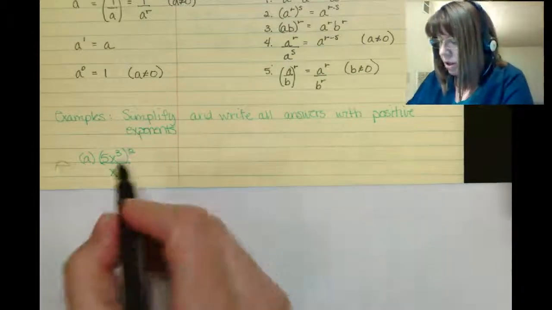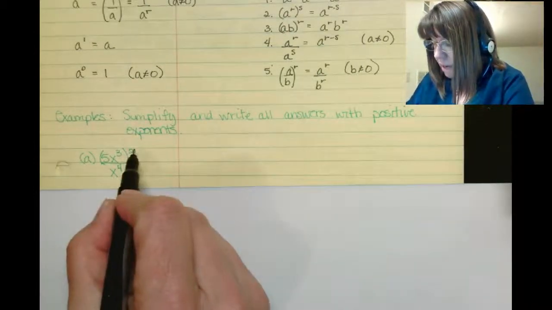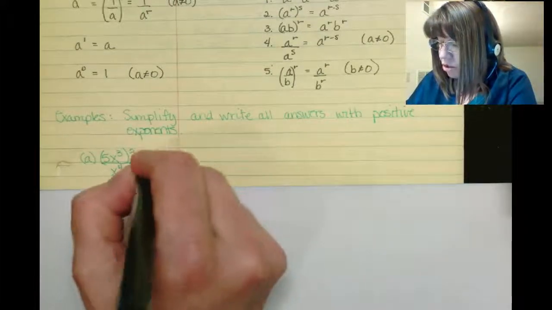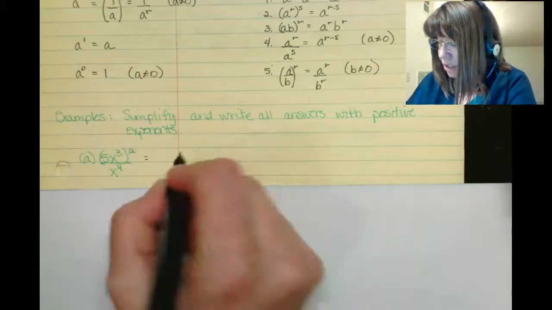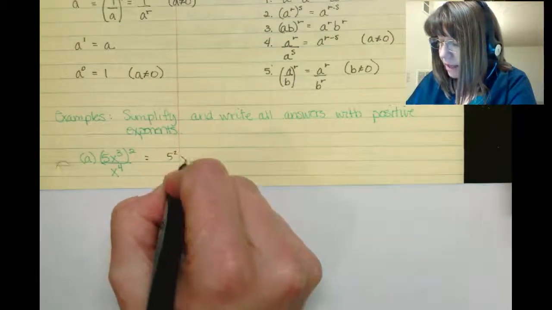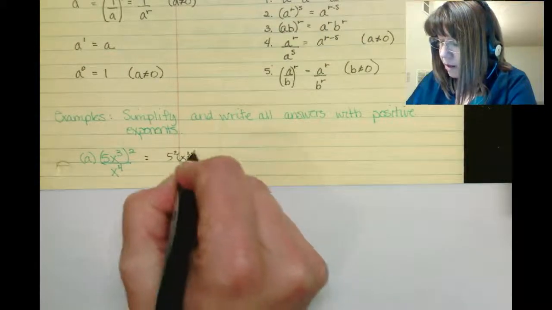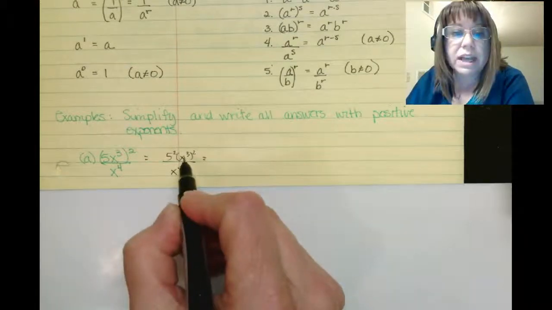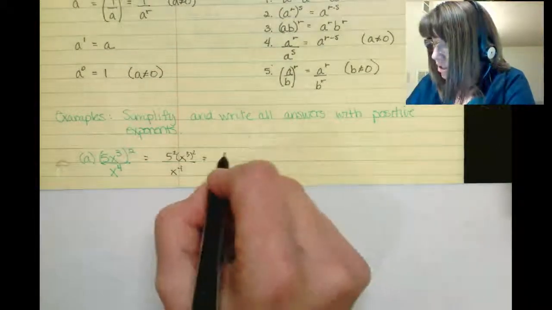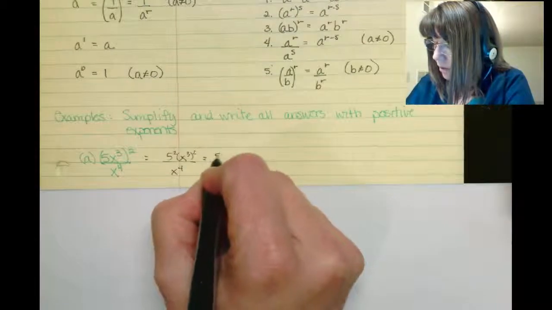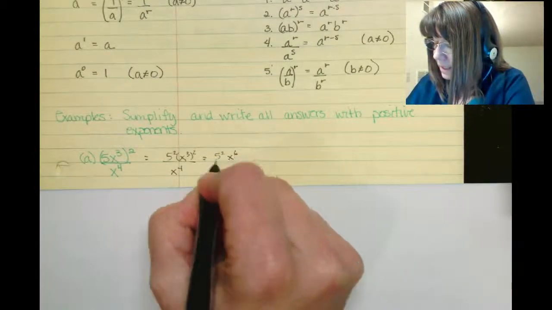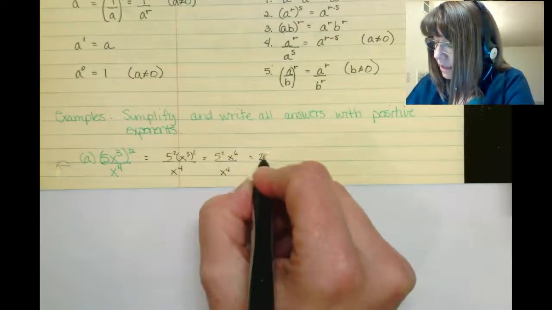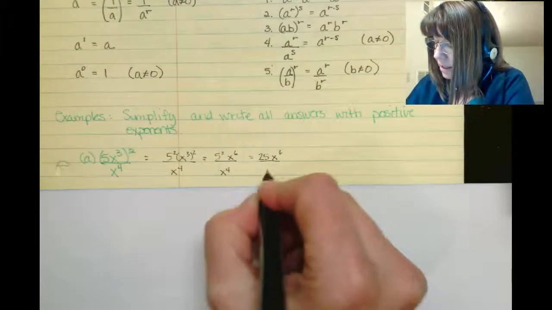So we have 5x cubed all raised to the 2nd power all over x to the 4th. So I'm going to distribute the 2 both to the 5 and the x cubed. So 5 squared, x cubed squared, all over x to the 4th. But I can do the x cubed to the square power. That's just going to be 3 times 2. 5 squared x to the 6th all over x to the 4th. 5 squared is just 25, x to the 6th, x to the 4th.